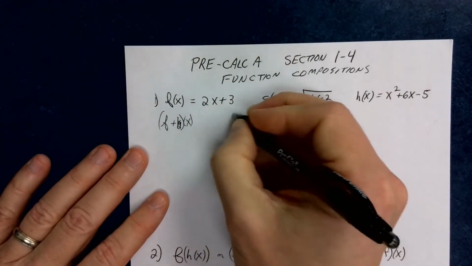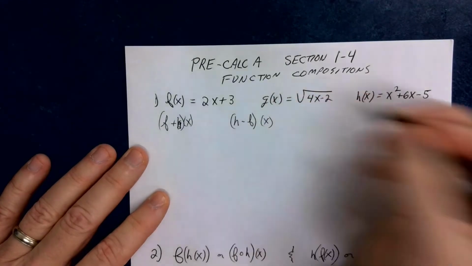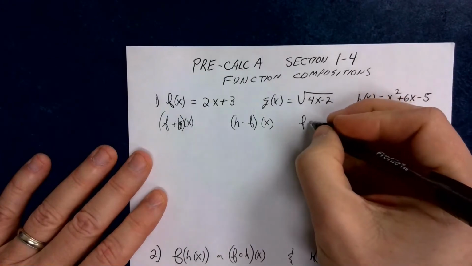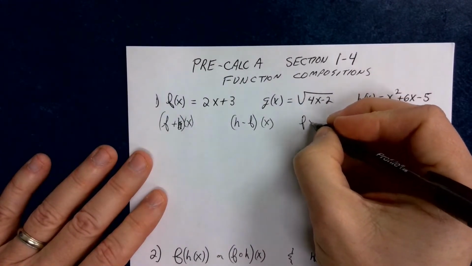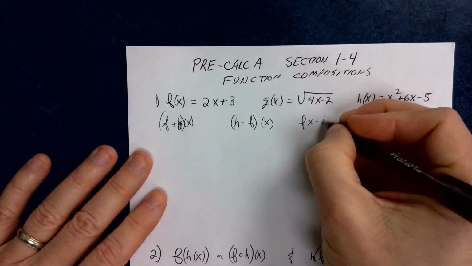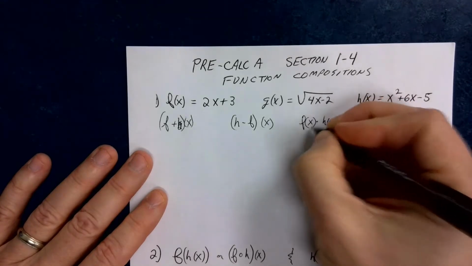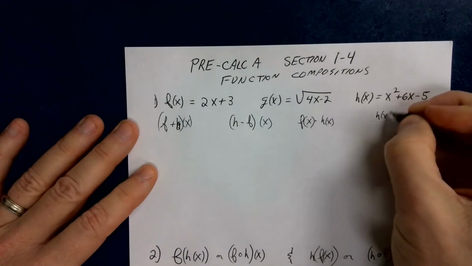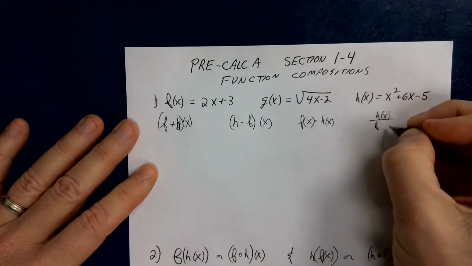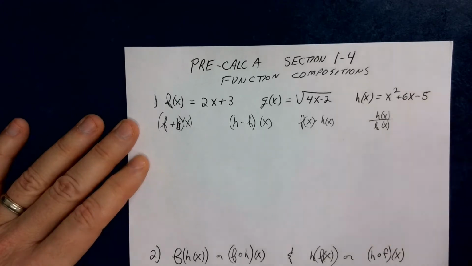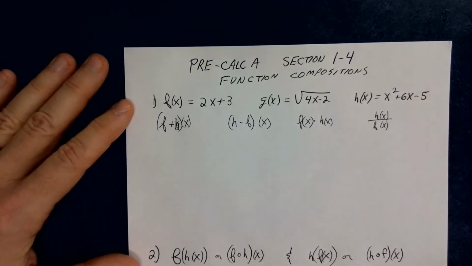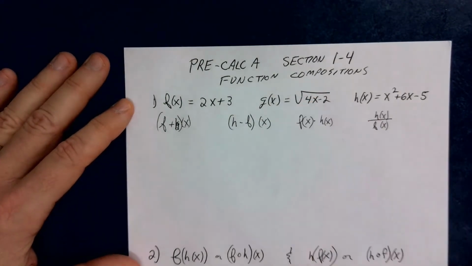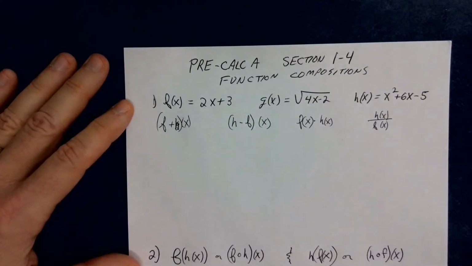H minus f of x, subtract those functions. F of x times h of x, multiply those functions, and then even h of x divided by f of x. Like that, okay? When we do the embedding, I'll talk about that one in just a second, okay?